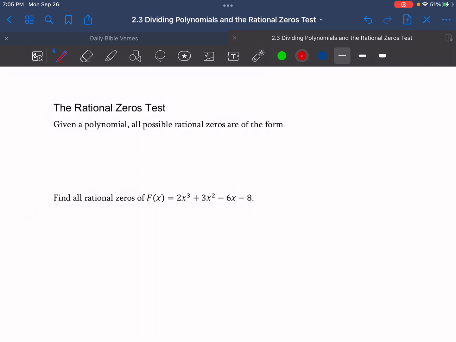What this will do is give us all the possible rational zeros, and they'll all be of this form: p divided by q, where p is the factors of the constant term, that last term that doesn't have a variable on it, divided by the factors of the leading term.